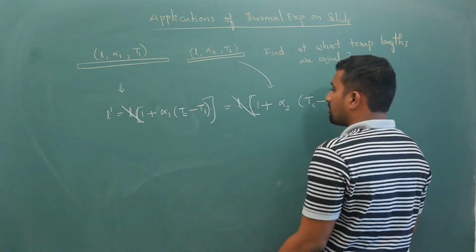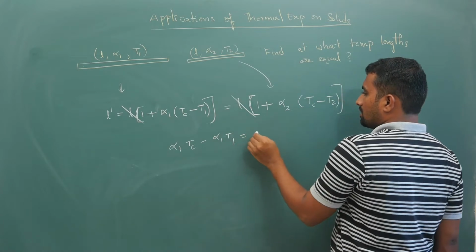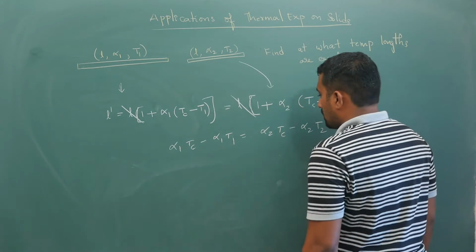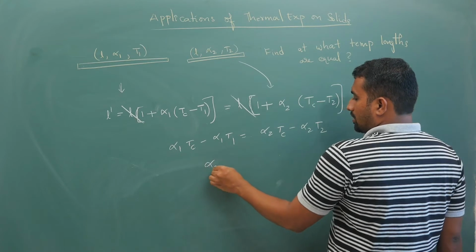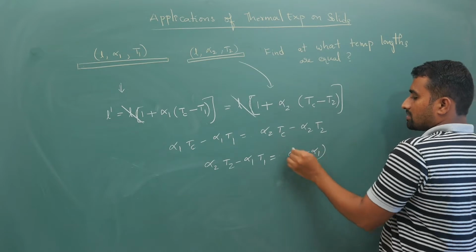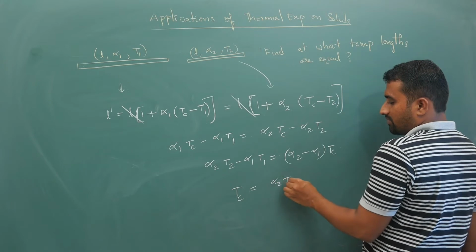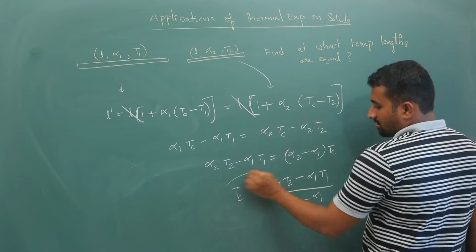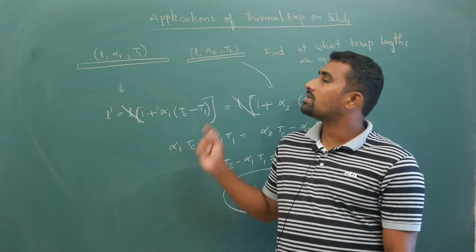L will go off, 1 will go off. Alpha 1 T common minus alpha 1 T1 is equal to alpha 2 T common minus alpha 2 T2. If you simplify this, alpha 2 T2 minus alpha 1 T1 is equal to alpha 2 minus alpha 1 into T common. From here the common value is alpha 2 T2 minus alpha 1 T1 by alpha 2 minus alpha 1. So this is the common temperature at which both lengths are equal.